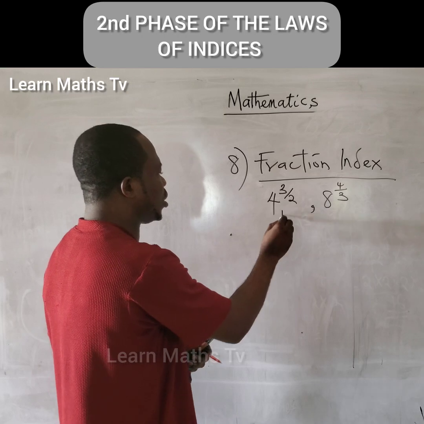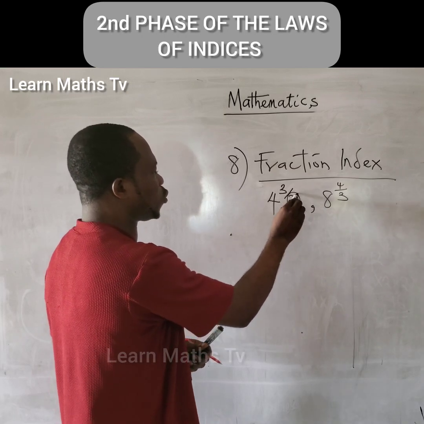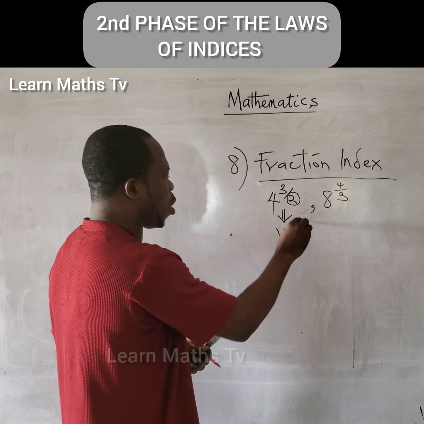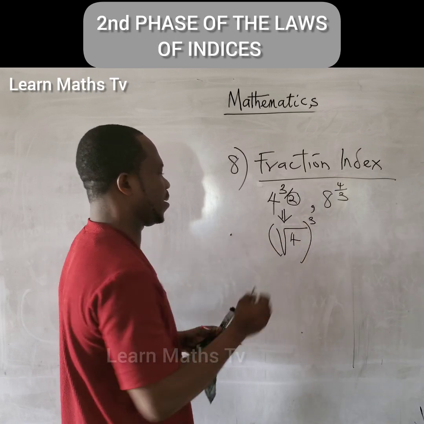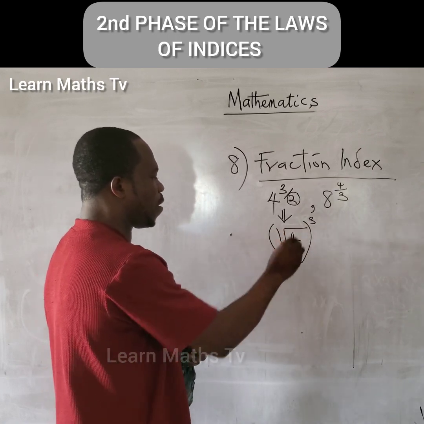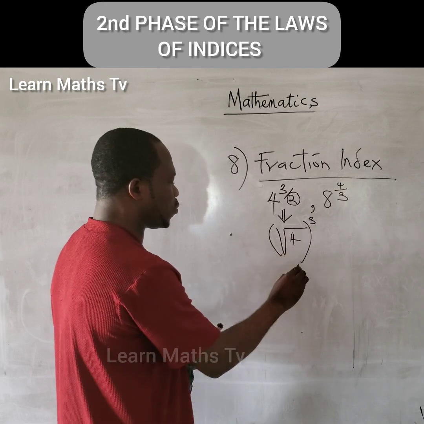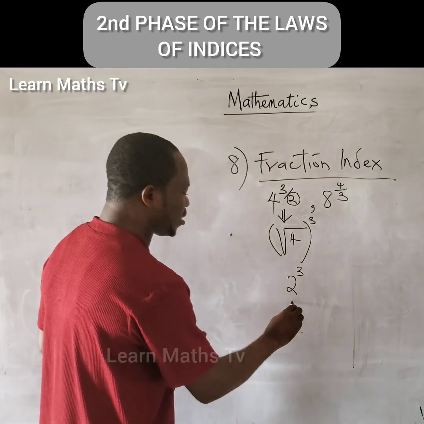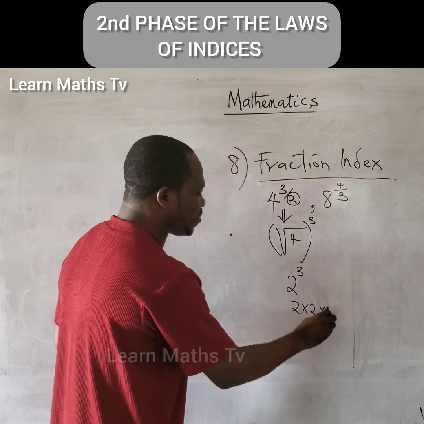To find the solution, this denominator 2 becomes the square root of 4, all raised to power 3. And the square root of 4 is 2, now raised to power 3. What's 2 raised to power 3? 2 raised to power 3 is 2 times 2 times 2.